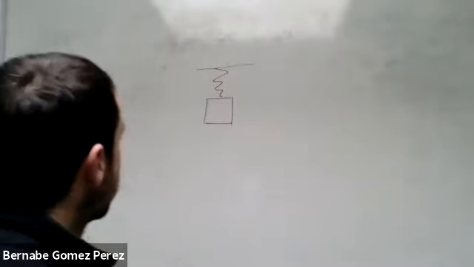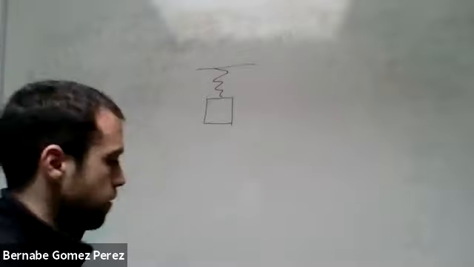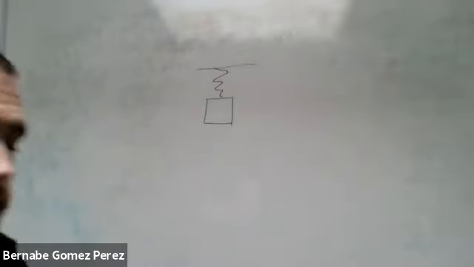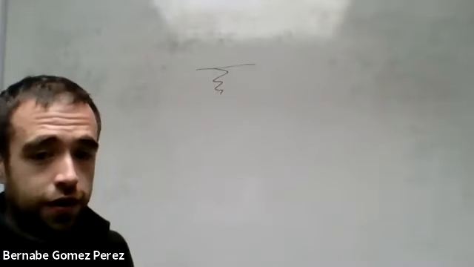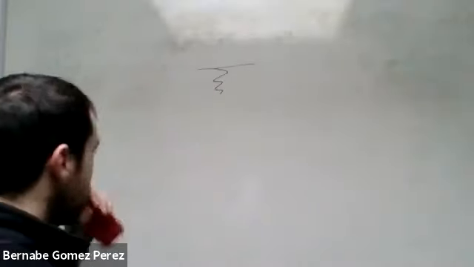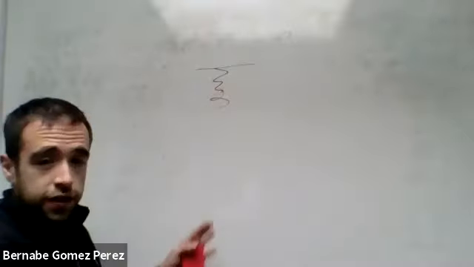So what does Hooke's law say? What Hooke's law says is it relates the force that a spring exerts on a mass to recover its natural position, okay? So basically, if I have a spring just at rest in equilibrium, it's not exerting any force.